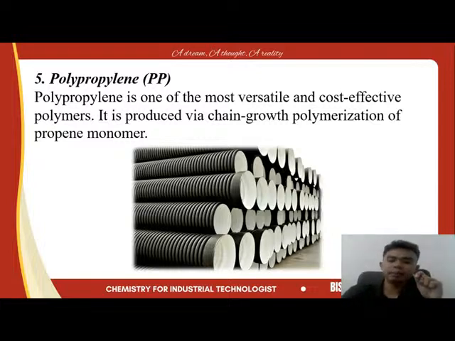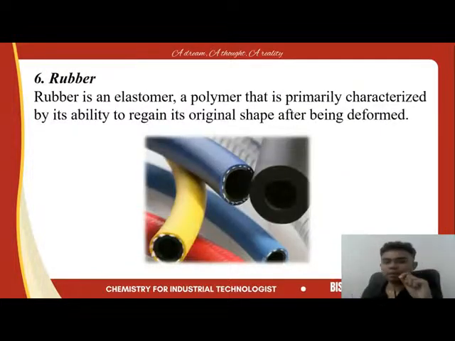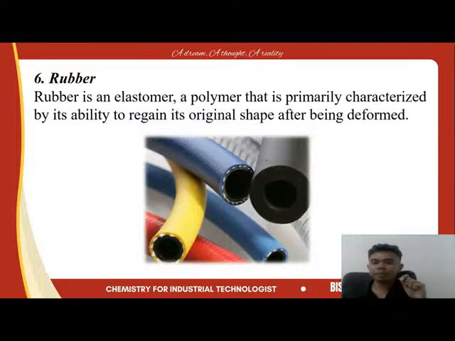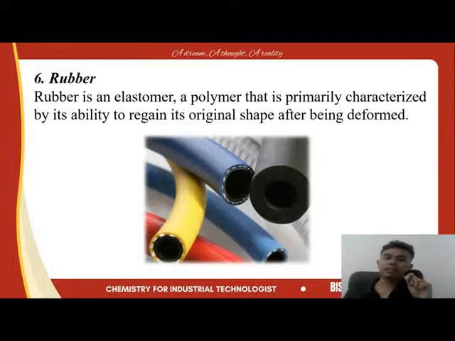Next to PP is, okay, this is very familiar to us. Okay, the rubber. Rubber is an elastomer, a polymer that is primarily characterized by its ability to regain its original shape after being deformed. Okay, we use rubber, of course, if we want to tie something tightly.